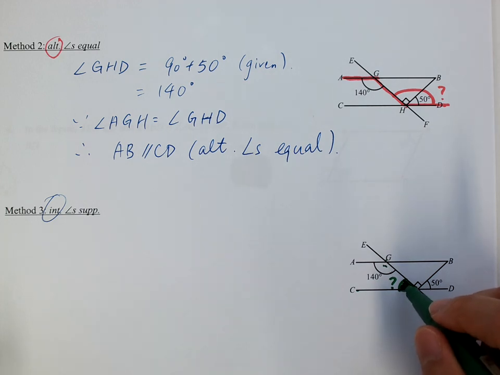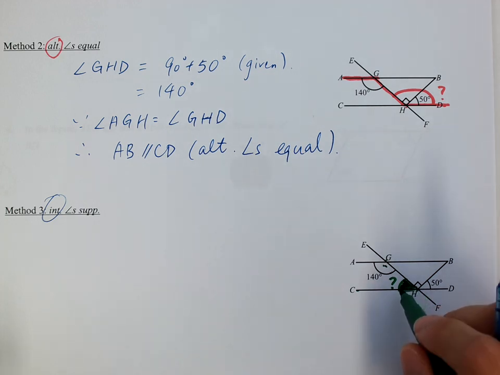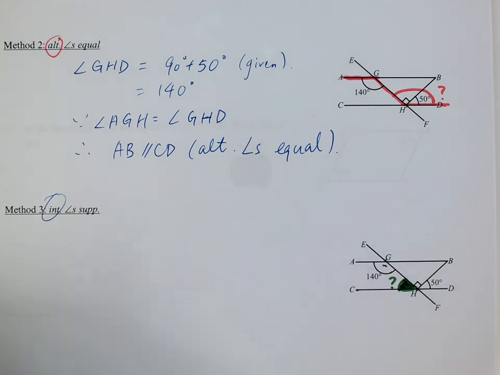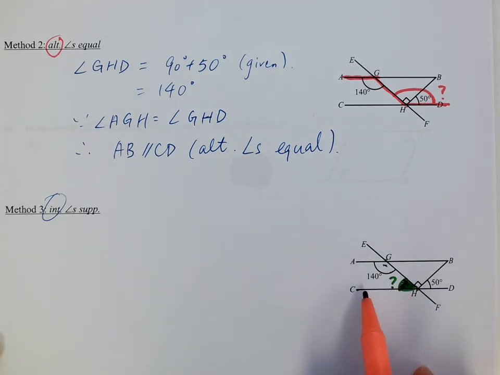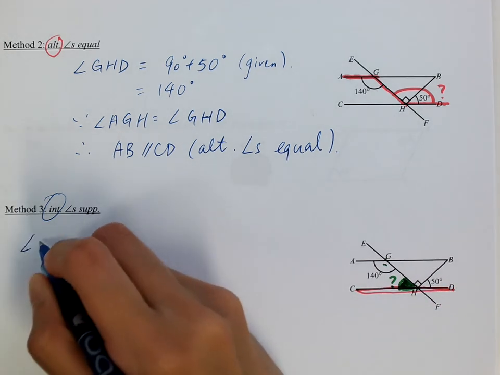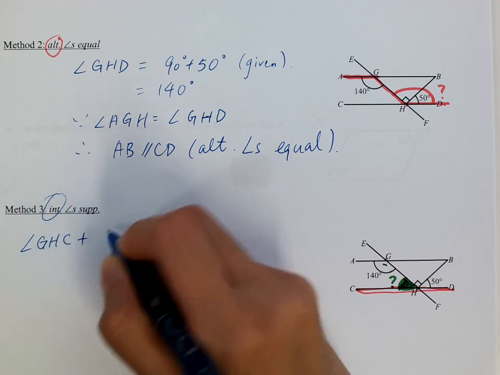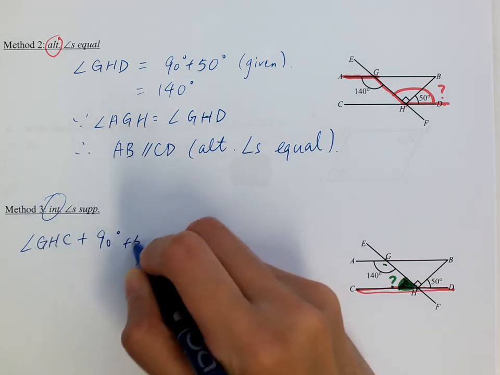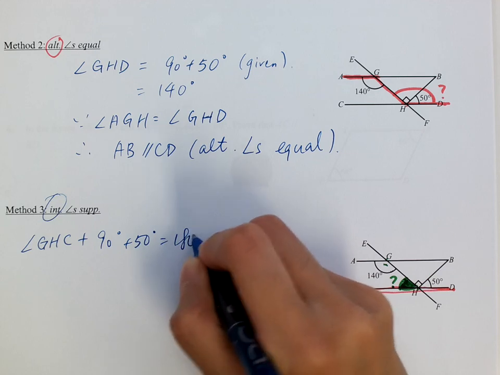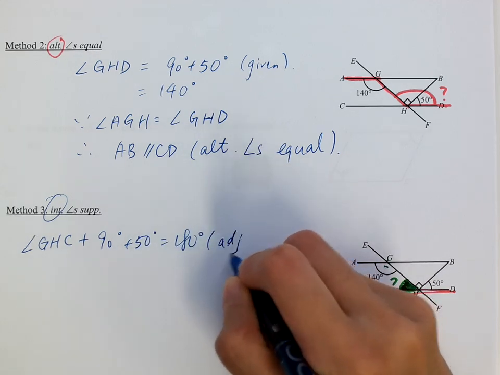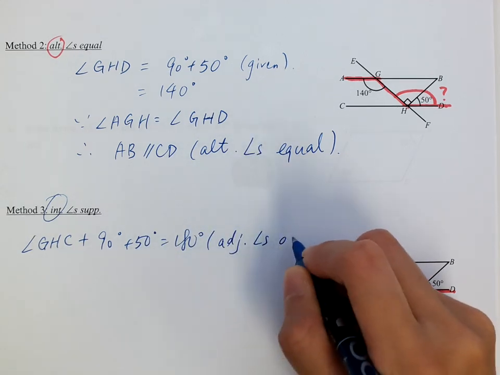So what will be the size of this angle? You can calculate this angle by using the straight line CD. Because GHC plus 90 plus 50 equals 180, the properties of straight line.